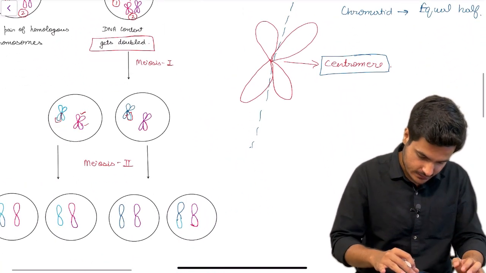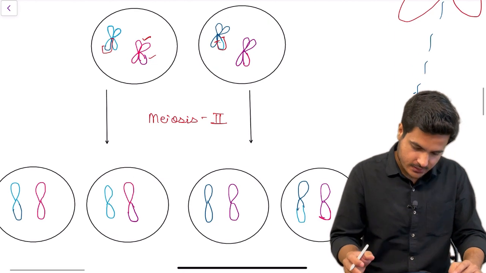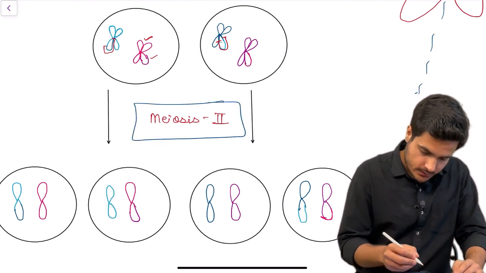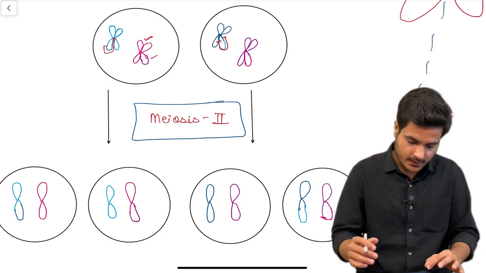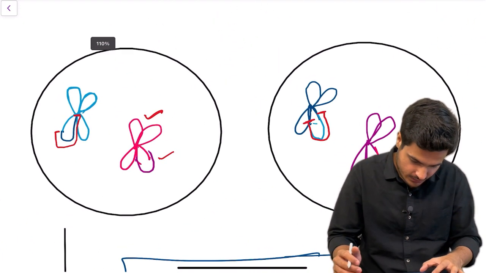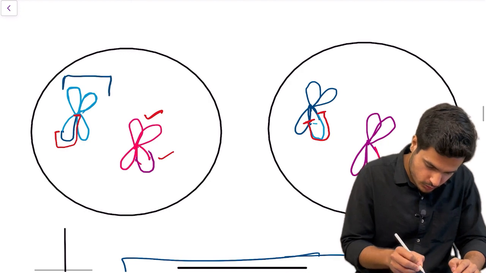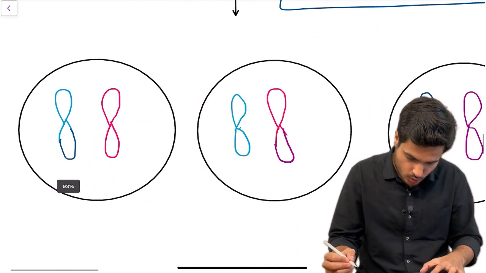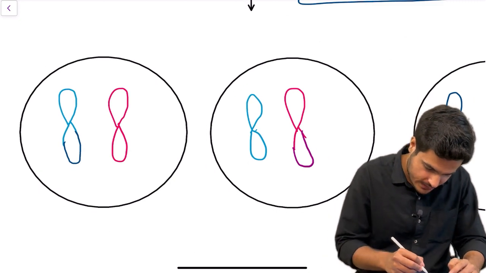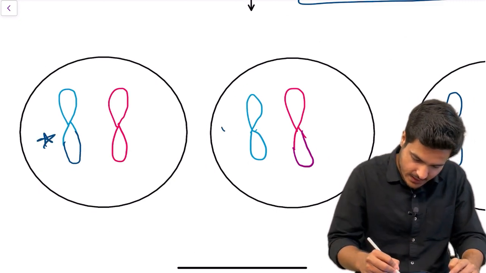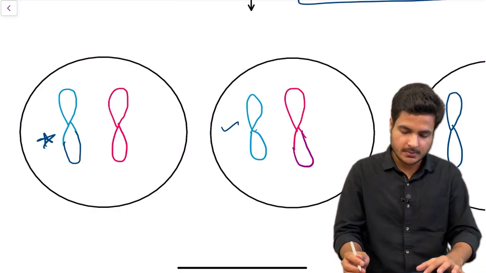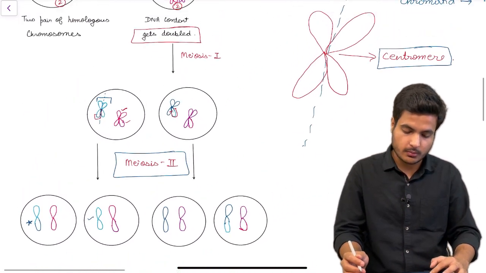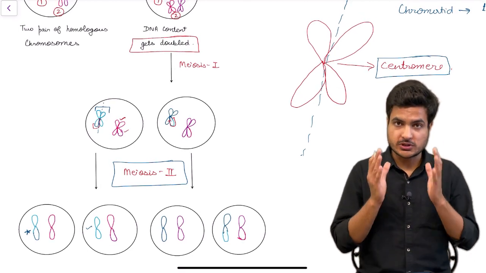Now let us see this. In meiosis 2, the chromatids are being separated, and you can see this whole chromosome, when split from the center, results in 2 chromatids, one with that genetic modification and the other being the simple one. Similarly, 4 daughter cells are formed at the end of meiosis 2.